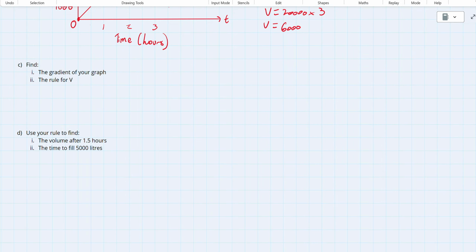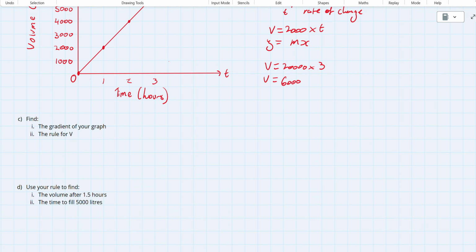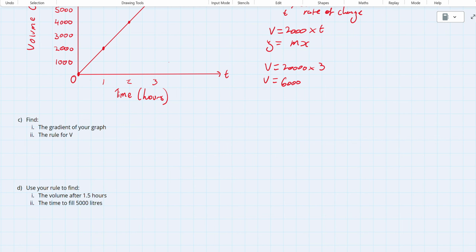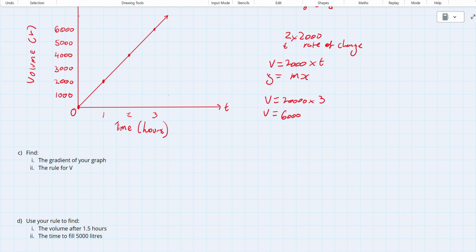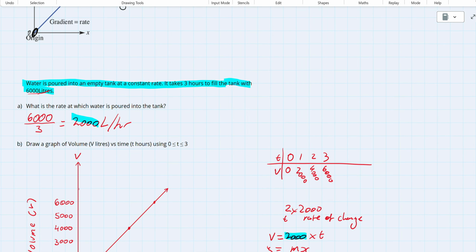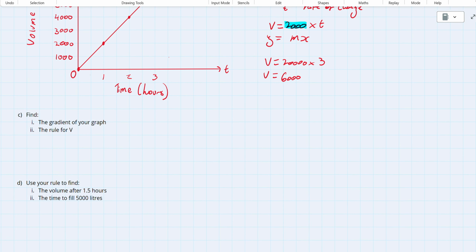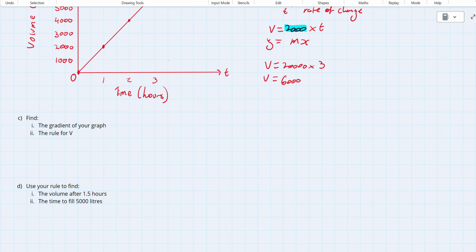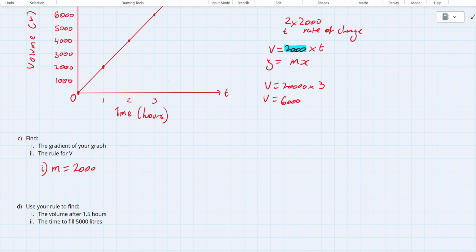Question C says, find the gradient of your graph. Well, the gradient of the graph is very self-explanatory. We found it here. It's 2,000. So m equals 2,000. If you needed more proof, you could do rise over run.